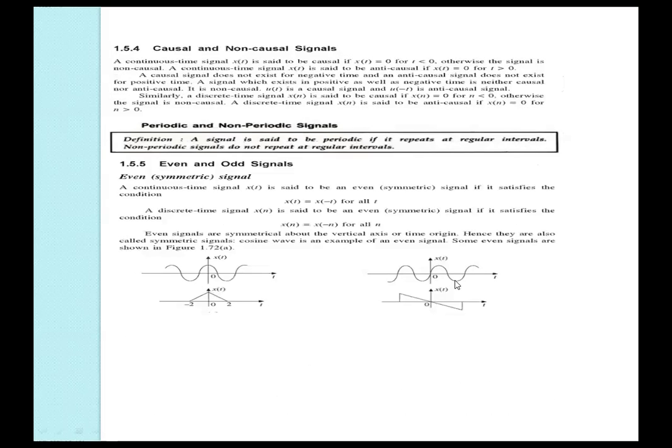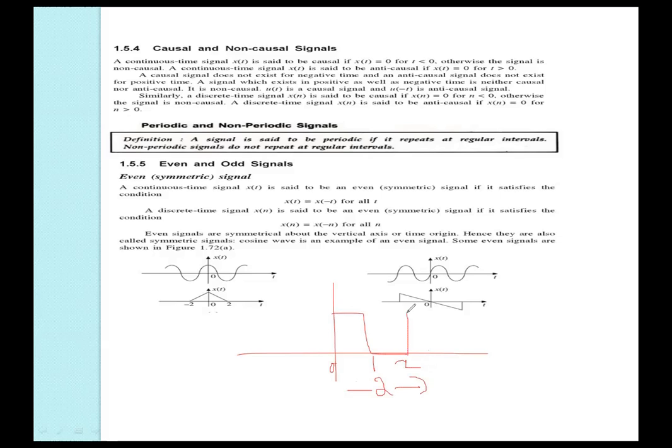Fourth one, periodic and non-periodic signals. A signal is said to be periodic if it repeats at regular intervals. Non-periodic signals do not repeat at regular intervals. Let us see periodic. This is a signal we have from 0, 1 and 2, with a period of 2 here.